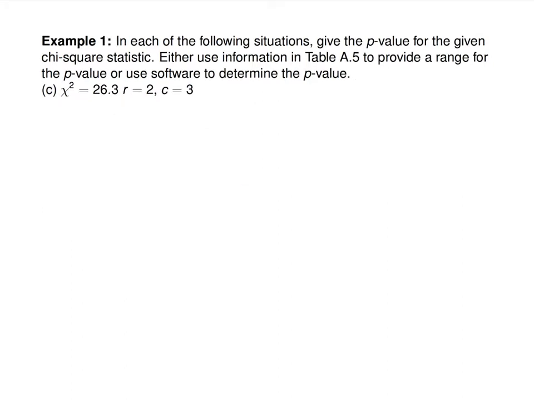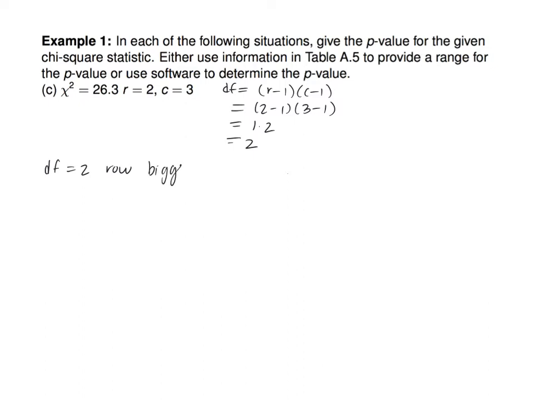Here we have a really big chi-squared, and I didn't tell you the degrees of freedom, so you've got to figure that out. R minus 1, C minus 1, so 2 minus 1 times 3 minus 1 is 1 times 2, or 2. And in the df equals 2 row, the biggest chi-square is 13.82.